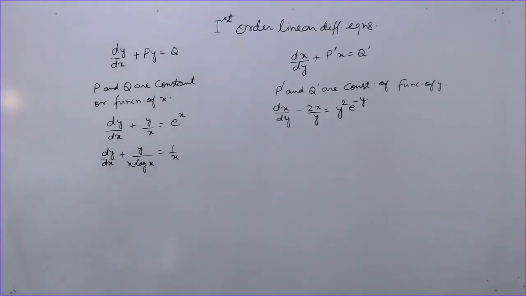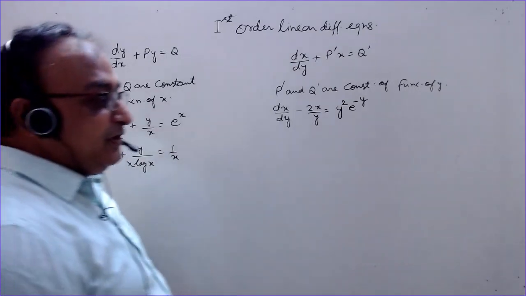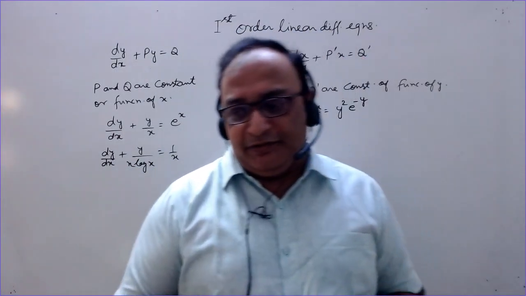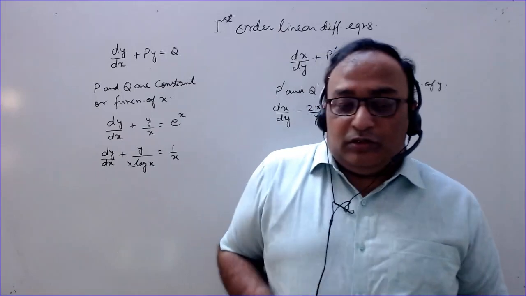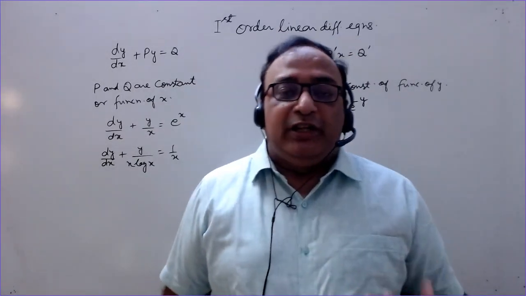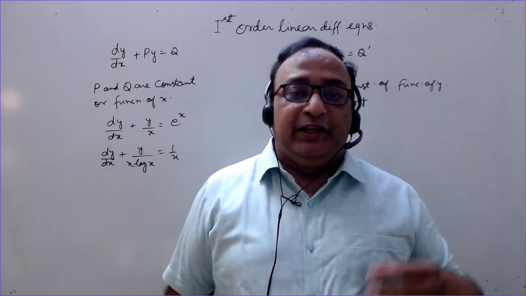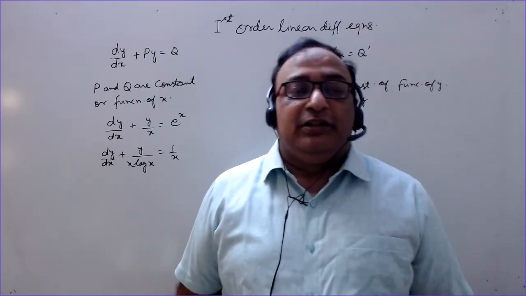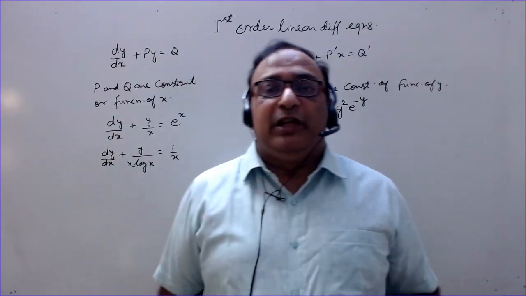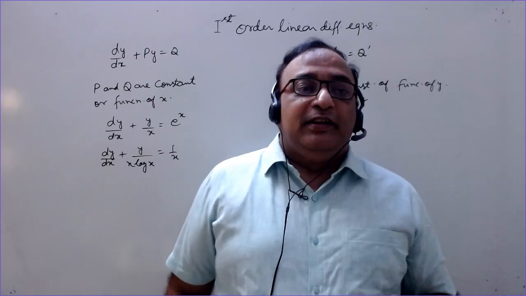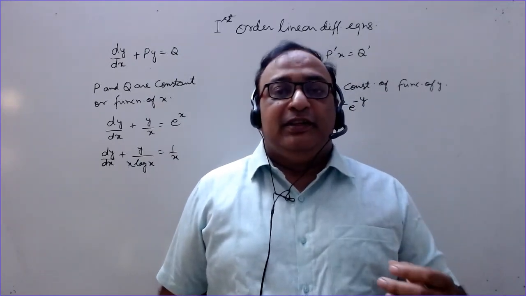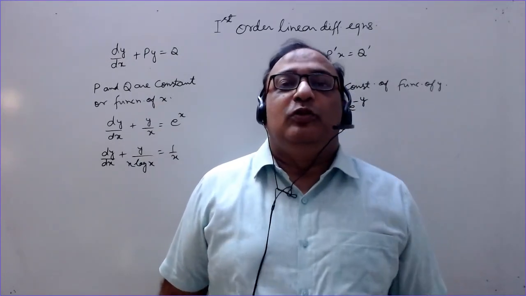There is another type of differential equation which is reducible to linear differential equation. There is always a particular type of differential equation, like we have studied the variable separable type of equation, homogeneous. So there is another type, that is the equation reducible to homogeneous type.